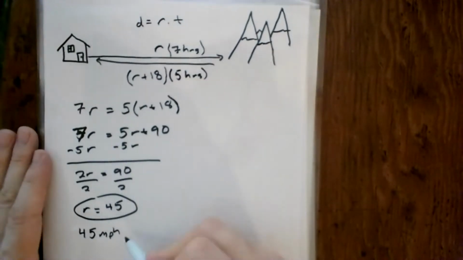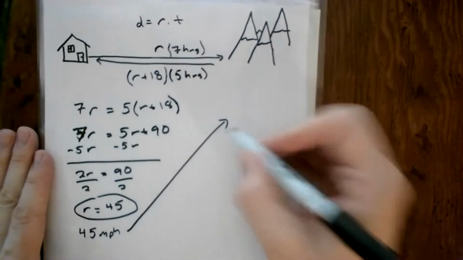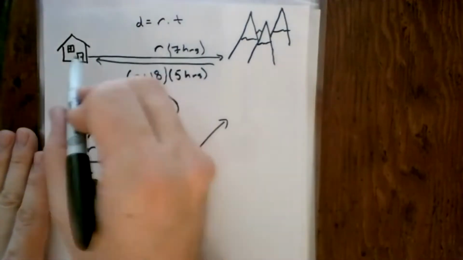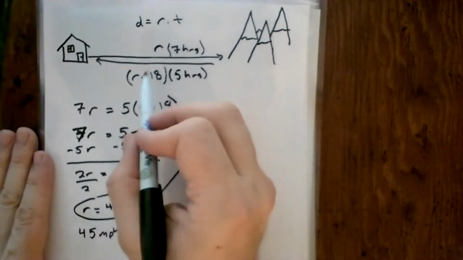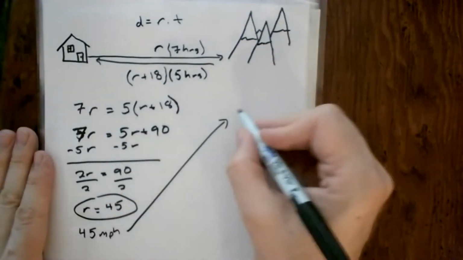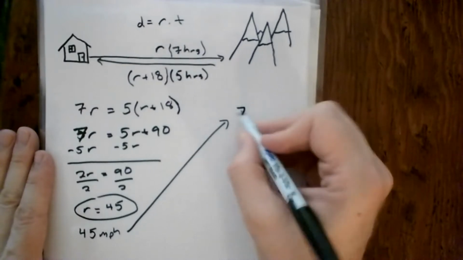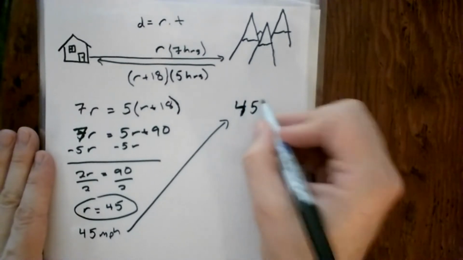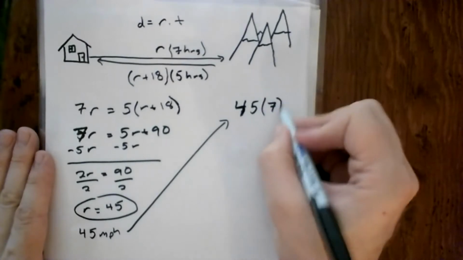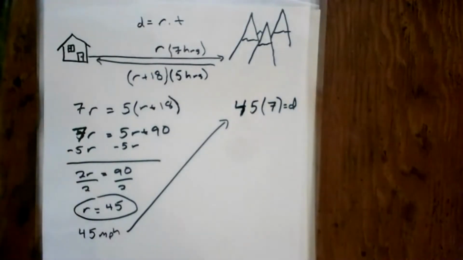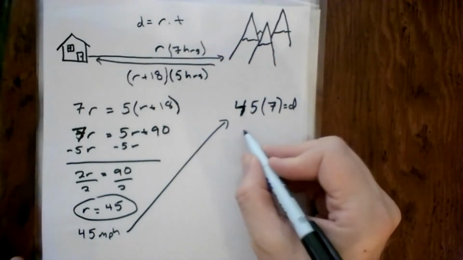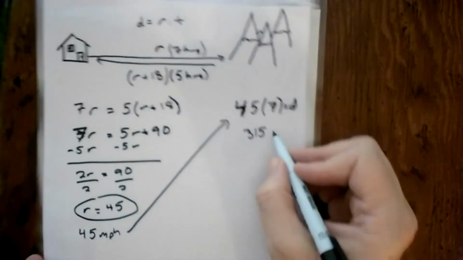Chris is also a saint. But let's also figure out what our distance is. I'm going to choose the easier of these two calculations. If I wanted to, I could use the other one, but I'll do this: 45 times 7 is equal to our distance. 45 times 7 ends up being 315, which is equal to our d.